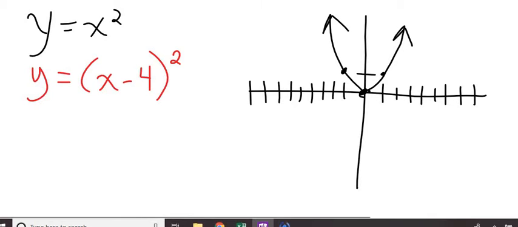Notice that, unlike the case before where I had the entire function, x squared, and then added a number, in this one I have the x, and a number is being added or subtracted to that x. The function is now not x, but x plus a number, or x minus a number. So this is going to be a horizontal shift.